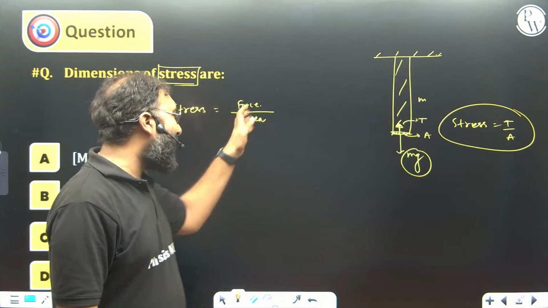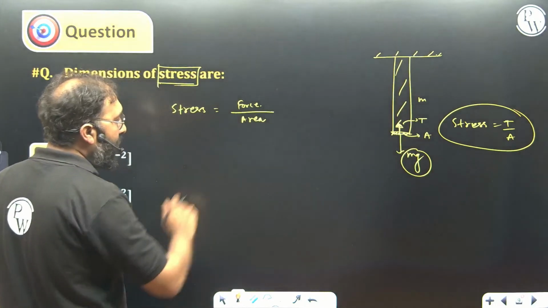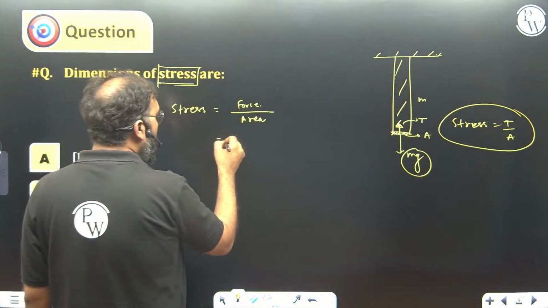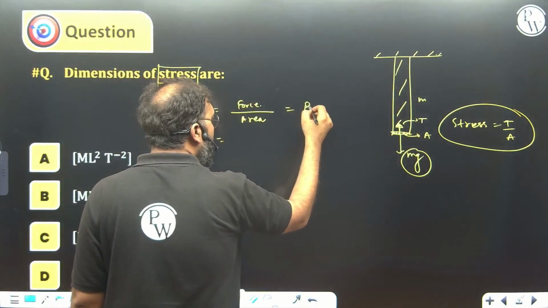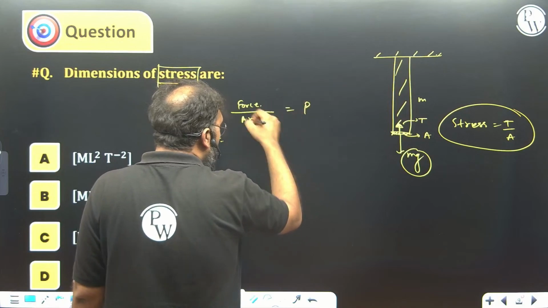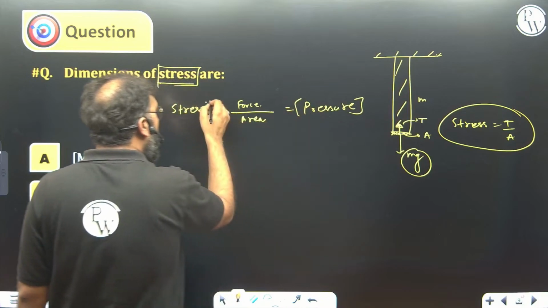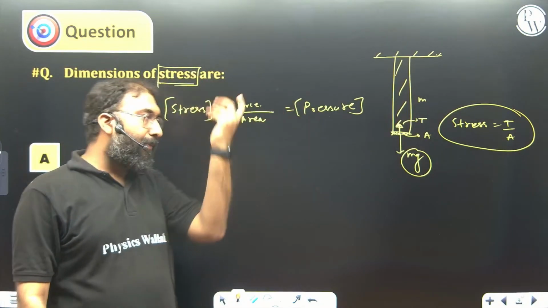Whenever you are writing stress, this force has to be perpendicular to the area of cross section. Now I have to write down the dimension, so that's not a problem. You will understand that force upon area is also representing pressure. So dimensionally pressure and stress are both the same. Okay, dimensionally stress and pressure are the same thing.